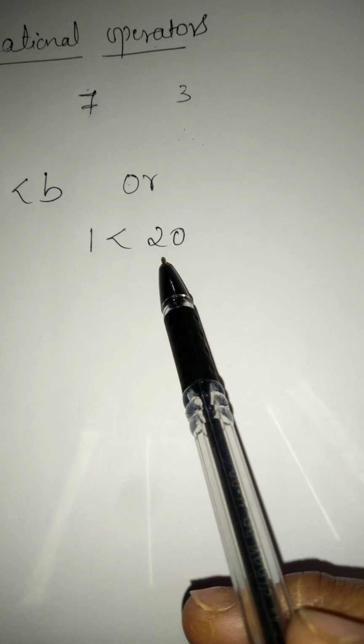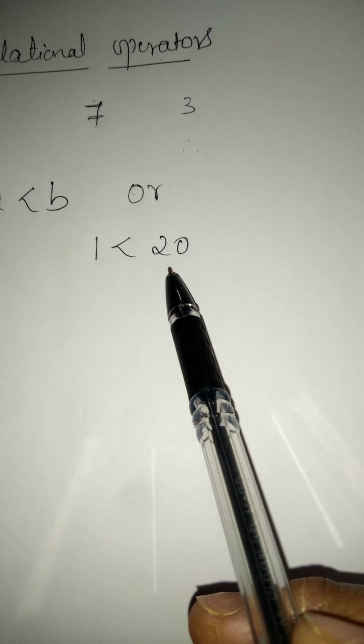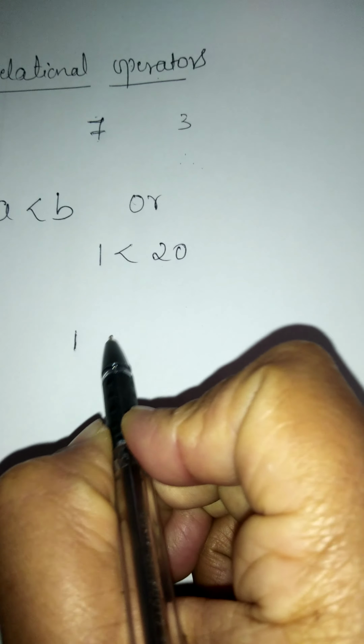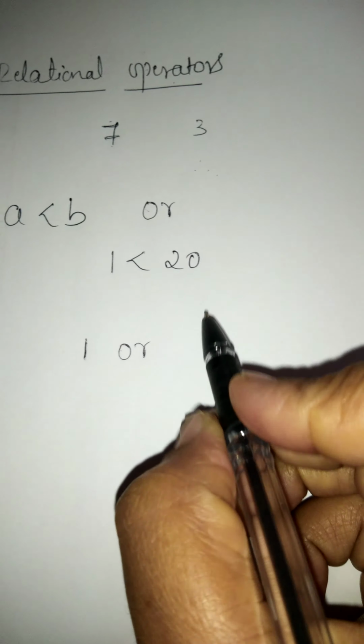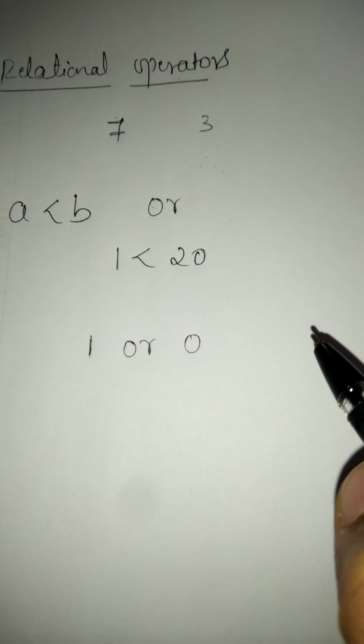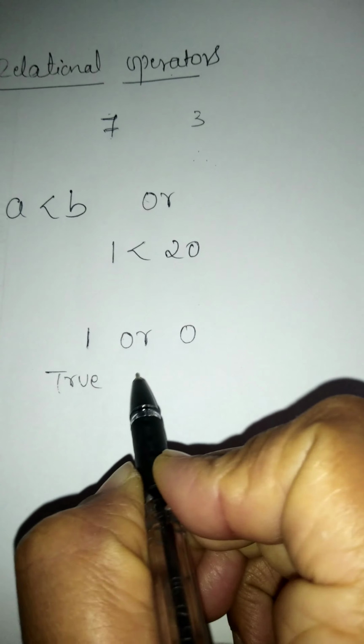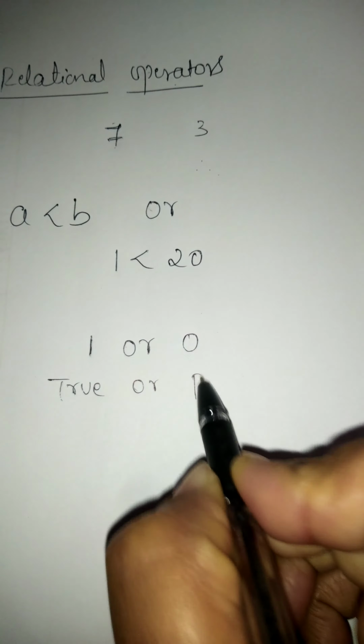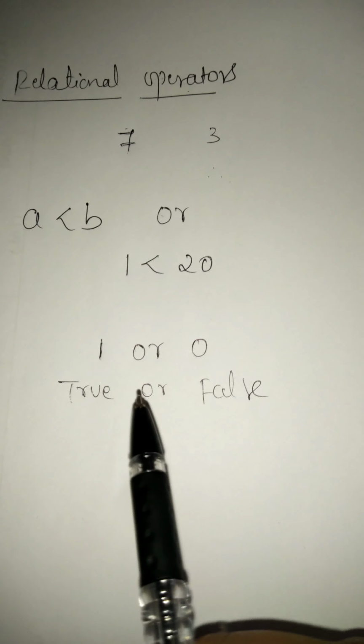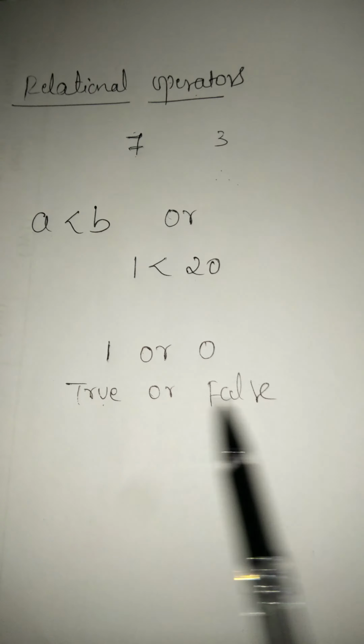The value or result of a relational expression is always either 1 or 0. Here 1 is nothing but true and 0 is nothing but false. So the result of a relational expression is either true or false.